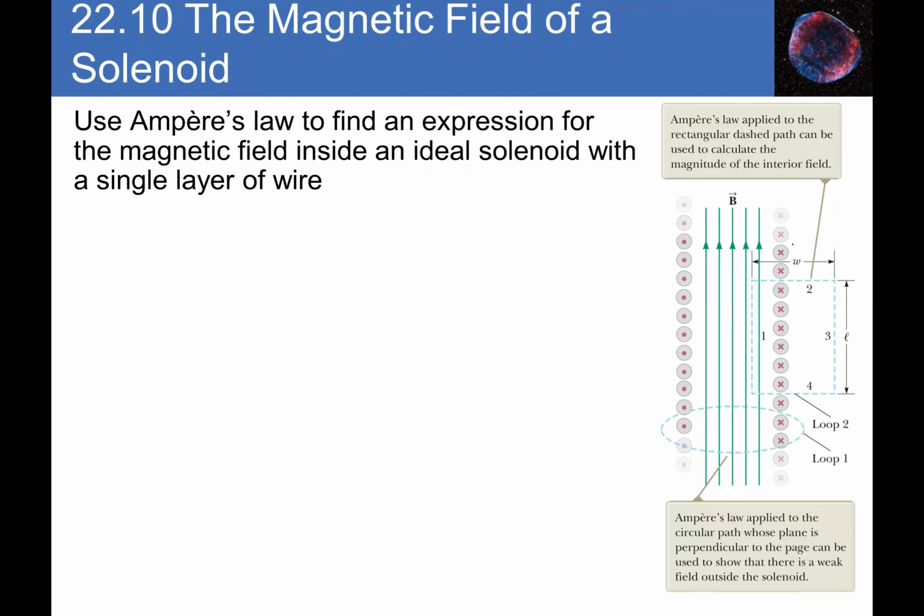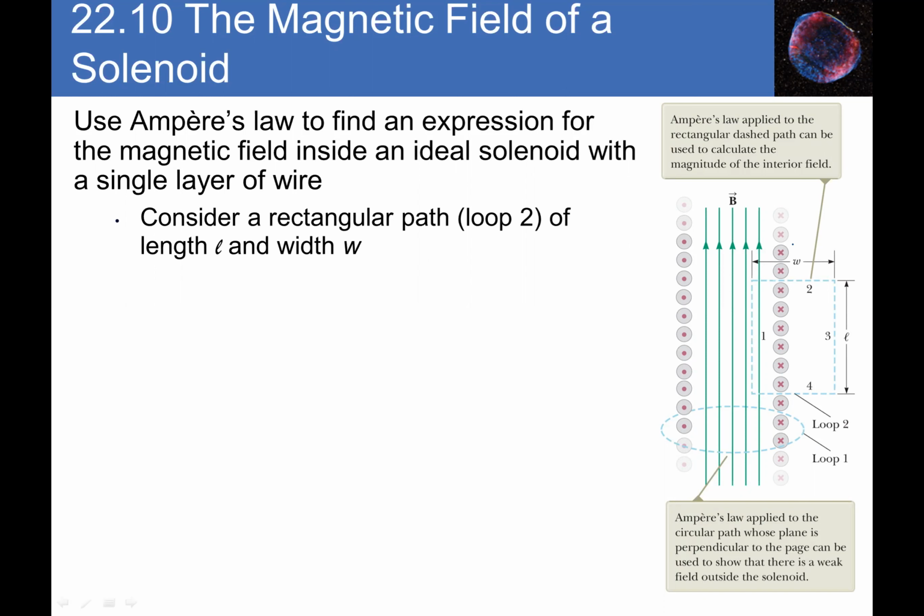Anyway, what if you want to find the magnetic field strength inside the solenoid? To find the magnetic field inside the solenoid, we basically use Ampere's law. But we have to use a very specific shape here.